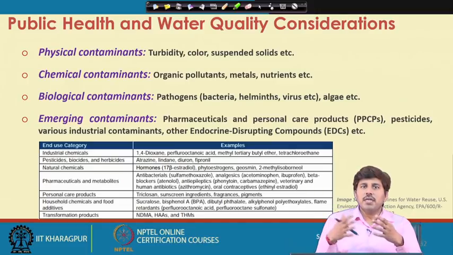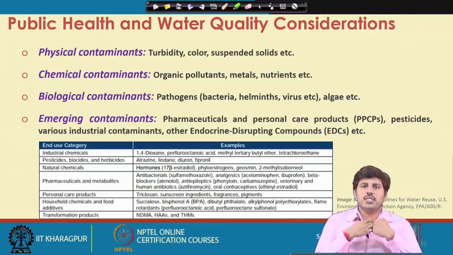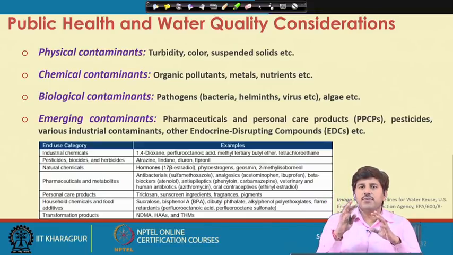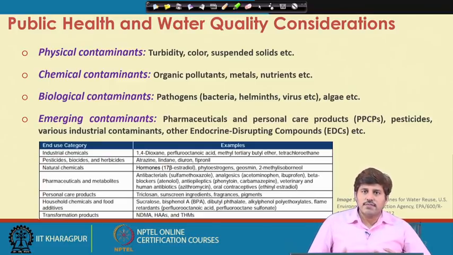For public health safety, we must understand that when we withdraw water from natural resources, process it and supply it, the water available in natural resources is supposedly of fairly good quality, without too many pollutants which can cause severe health risk.